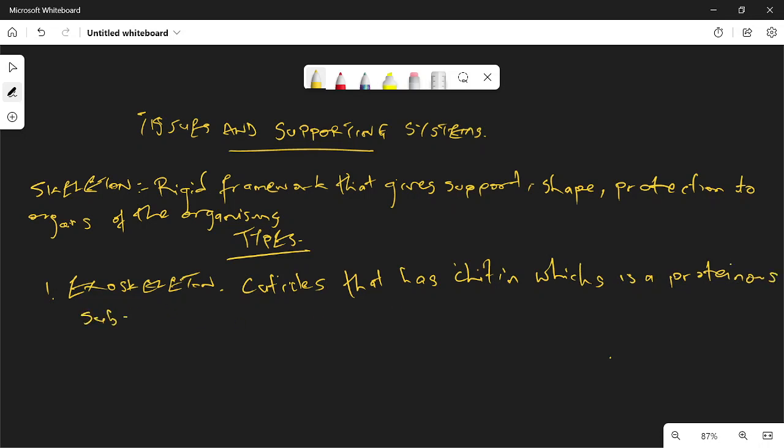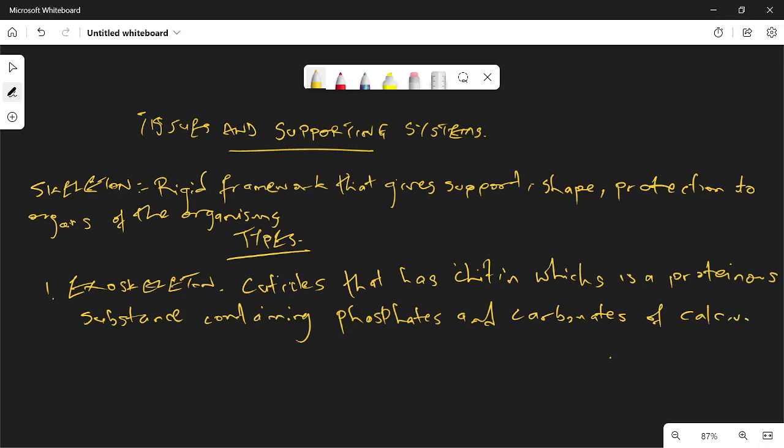The chitin is a proteinous substance containing phosphates and the carbonates of calcium. So that is what the chitin is richly made of.